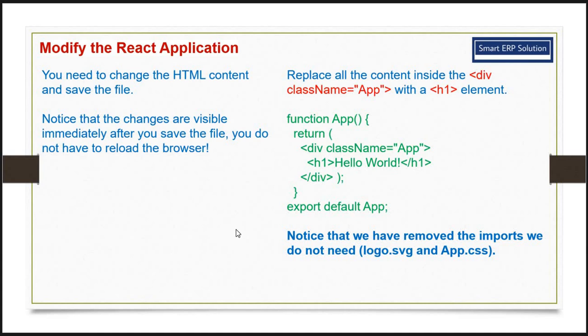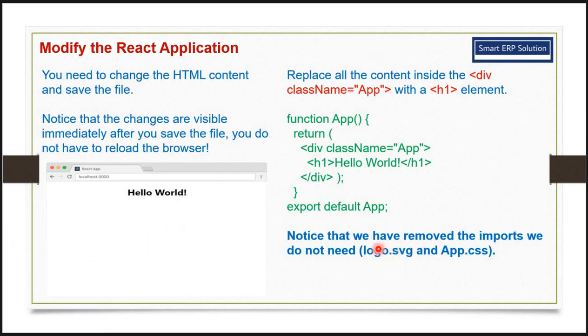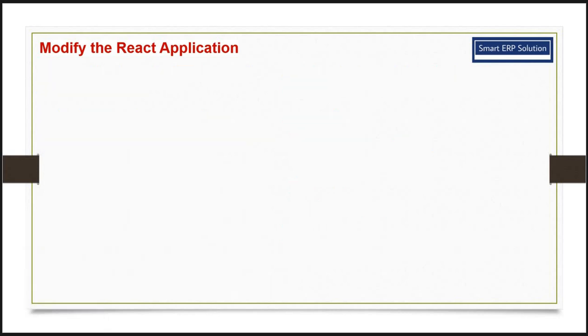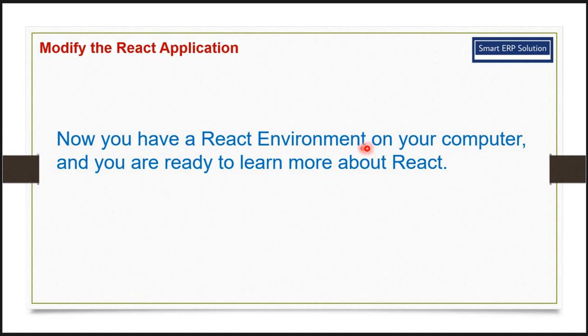So, after editing the app.js file, we can see this in the browser. Now you have a React environment on your computer and you are ready to learn more about React.